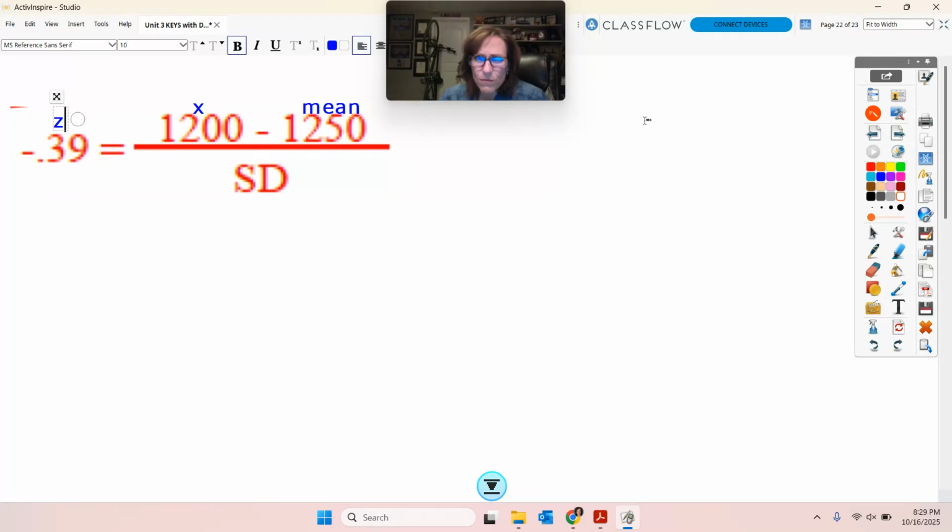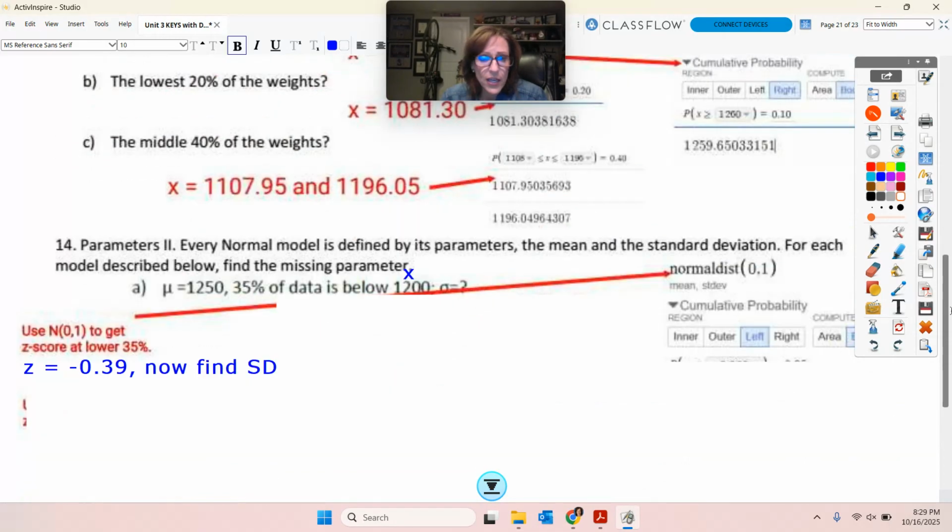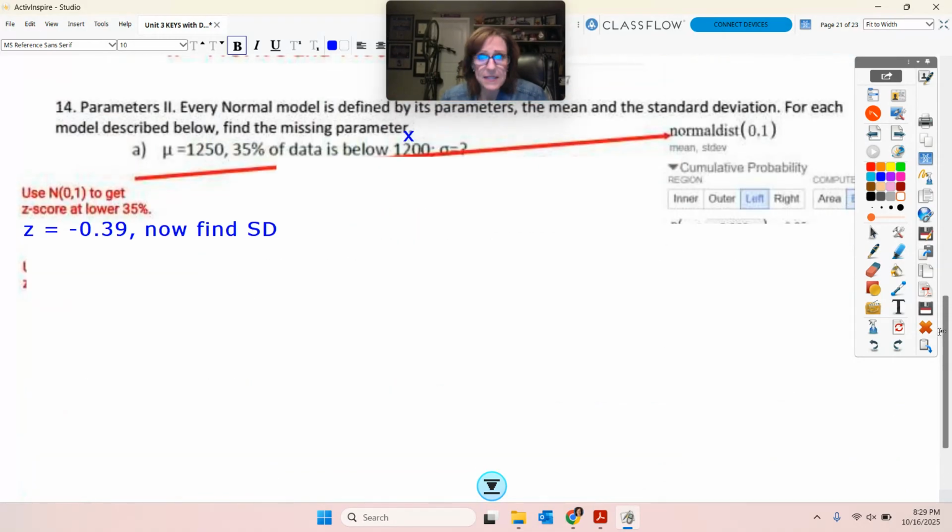All right, so let's process that for a second. That is tricky. This is as tricky as this unit gets, period. So again, we're told a percent, and we've got to turn it into context. Well, first I have to get a z-score. A percent can get me a z-score. The percent is not the z-score, but I can use that percent to get the z-score.